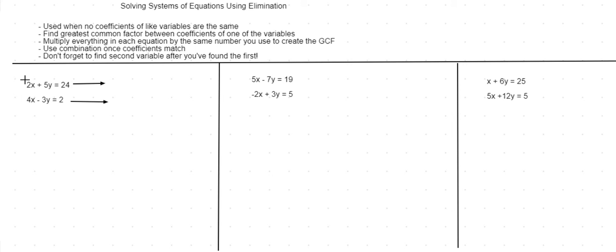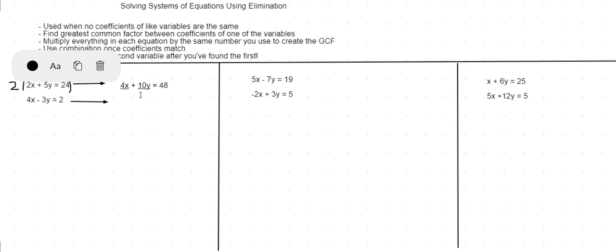And the answer to that is 2. So I would take this whole thing here and multiply it by 2. And what that does is I distribute the 2 to all three terms there, and it creates a new equation for me. 4x plus 10y equals 24 times 2 is 48.